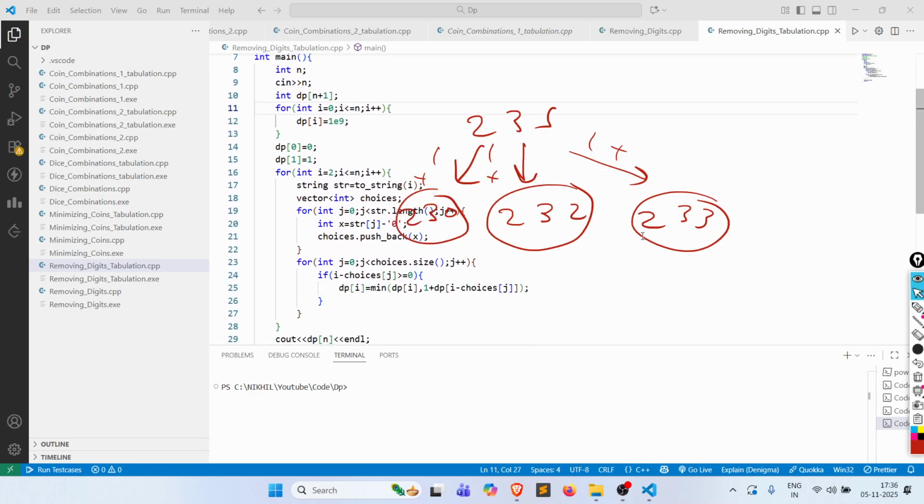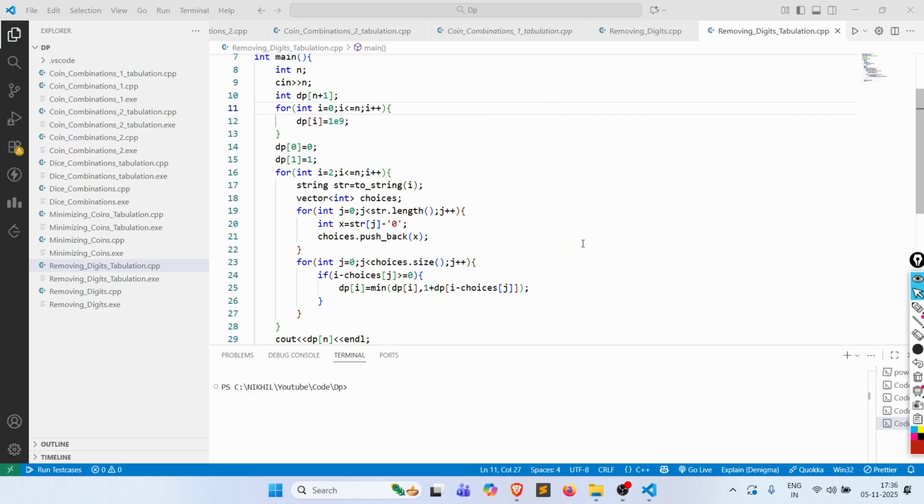Now let's travel, right? If I am at i, then I can only take the help of the values which are smaller than i, because while doing i minus choices, right?